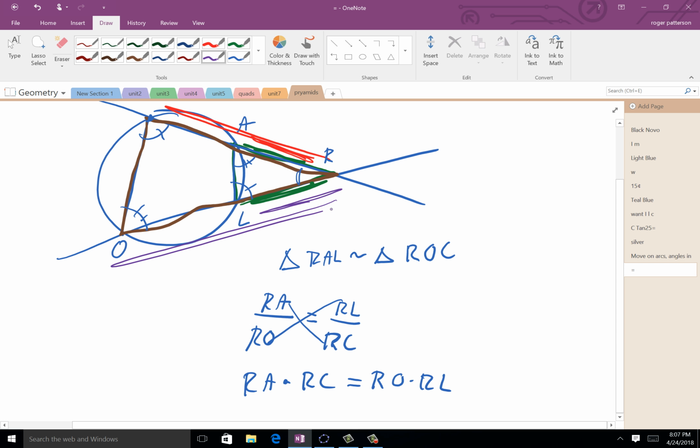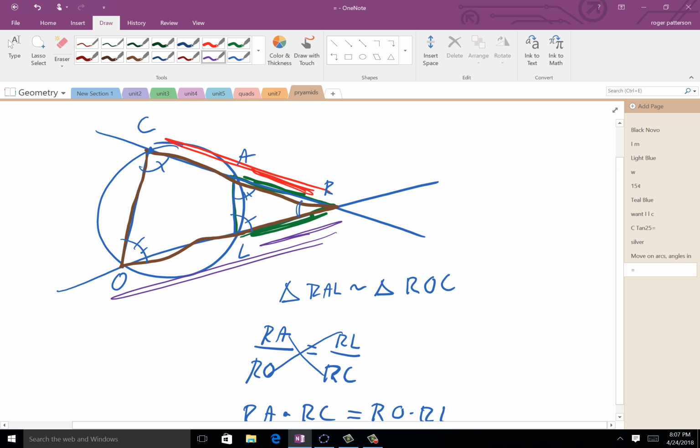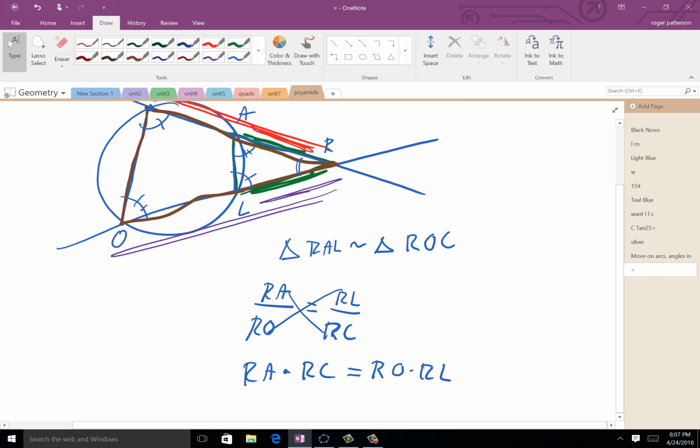So now that makes a little bit more sense, because here we're talking about sides that are sort of on the same side or on that secant. So we'd have RA, which is on this secant, multiplied by RC, which is on the same secant, equal to RL times RO, which again are on the same secant. So this idea makes sense now.